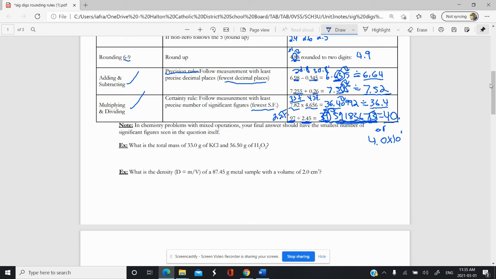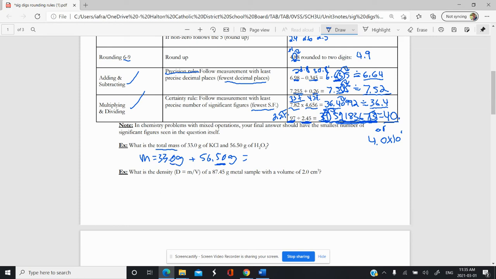For example, what is the total mass of 33.0 grams of KCl and 56.50 grams of H2O2? So you're asked for the total mass here. And that means we're going to add the 2 masses together, 33.0 grams plus 56.50 grams. And since we're adding, we're looking at the fewest number of decimal places.